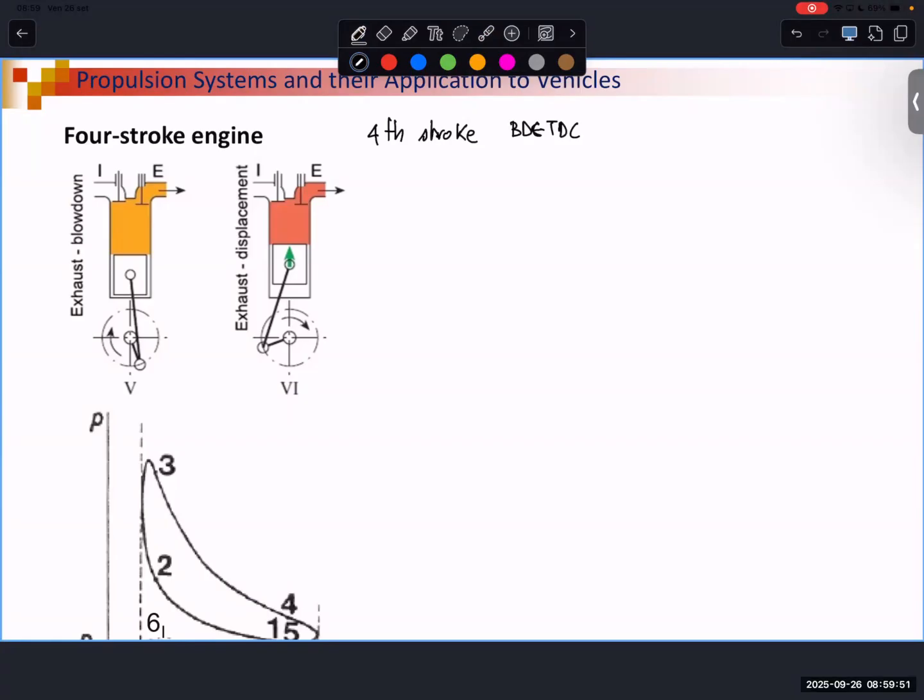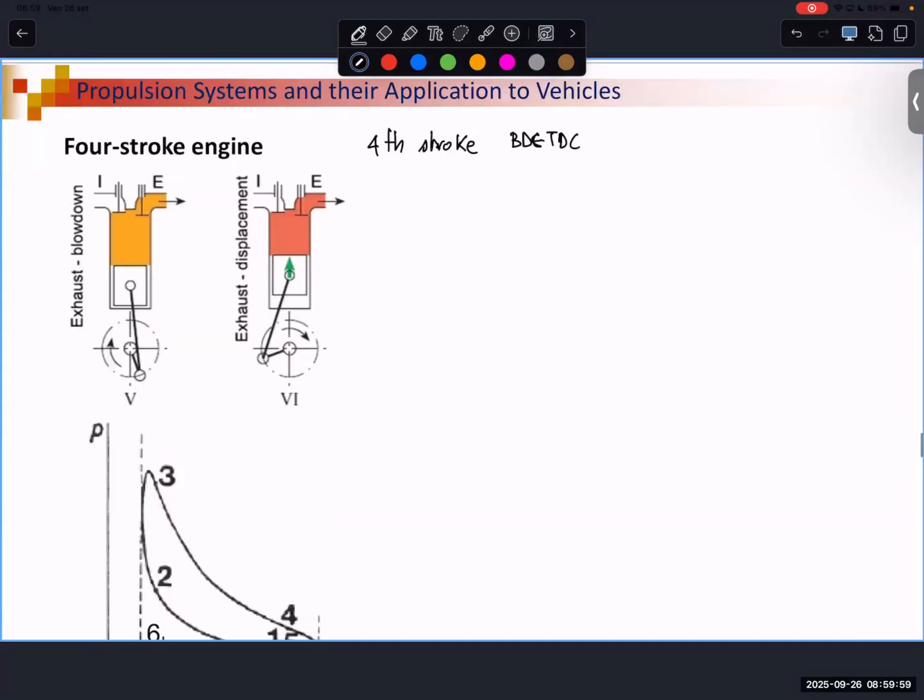We are considering the 5th and the 6th phase. We are talking about the blowdown part of exhaust. In this phase, the intake valve is closed, while the exhaust valve is open.